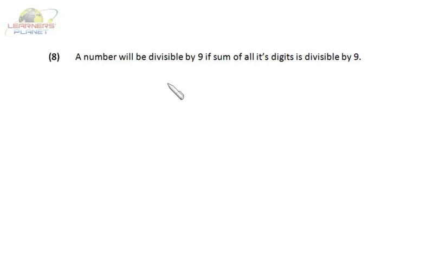Suppose I have a number 32765 and I have to check whether this number is divisible by 9 or not. Now just add up all the digits. It's 3 plus 2 plus 7 plus 6 plus 5.